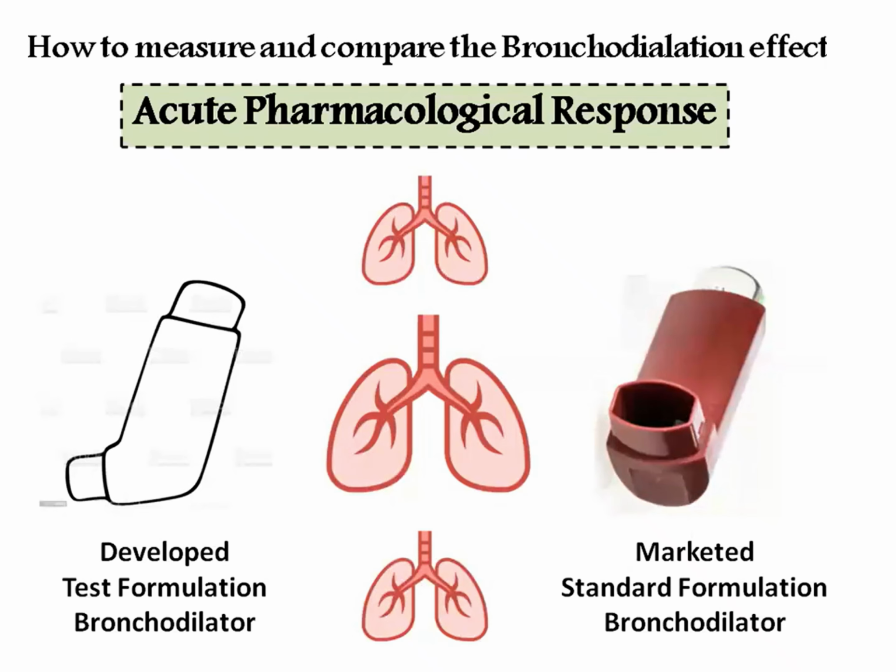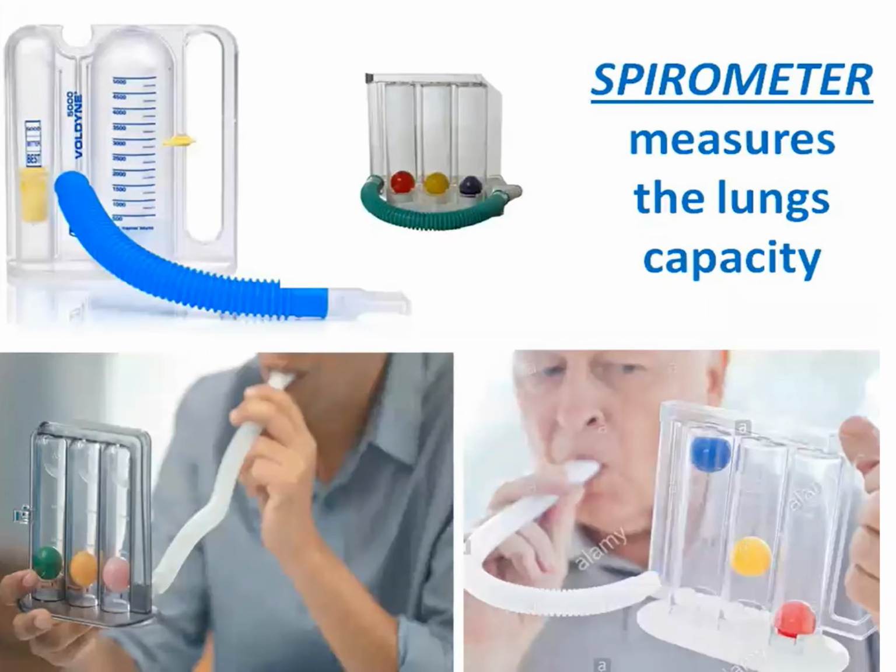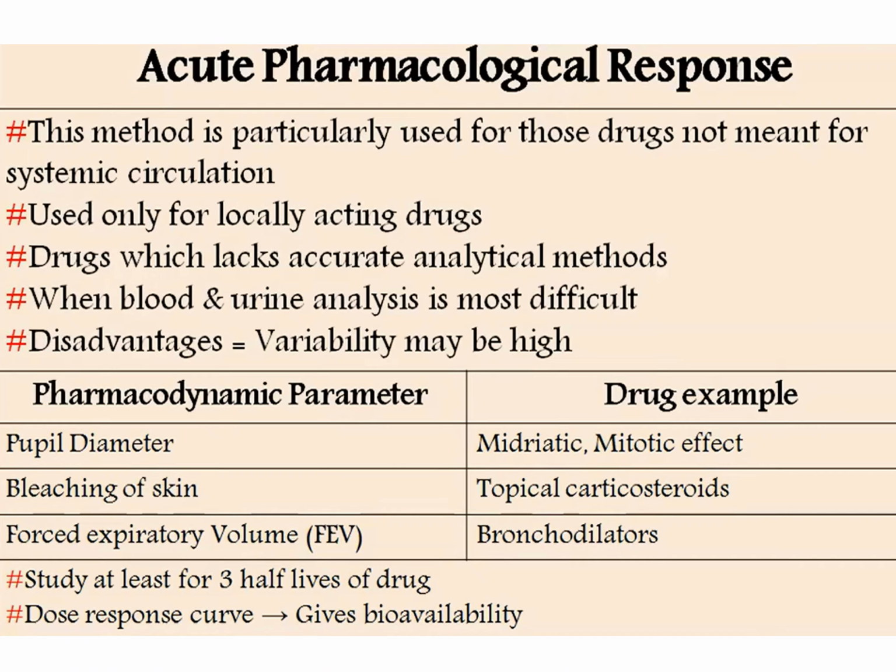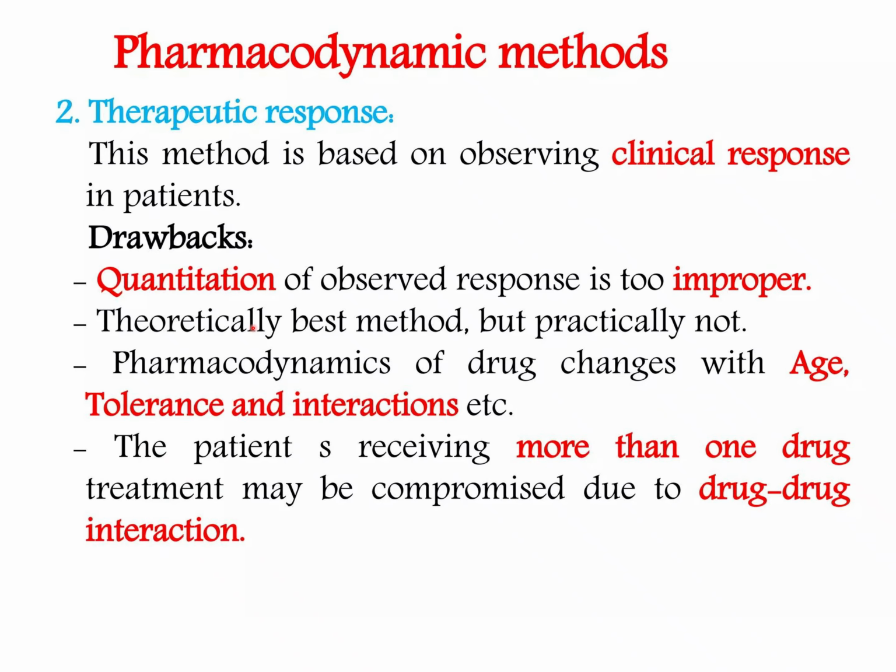So these are used whenever we are applying some drugs into the body and the body's lungs are expanding, so we can easily measure the expansion, and from that we can easily find out the effect of the drug in the body. So here is this spirometer which measures the lung capacity. We have already discussed this earlier. This is the pharmacodynamic parameter and these are the drug examples. We have also discussed this earlier.